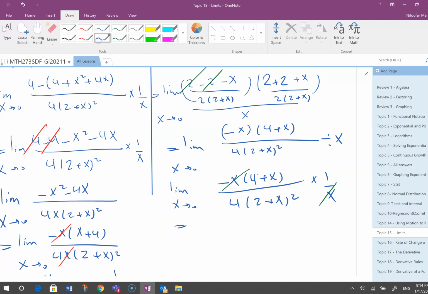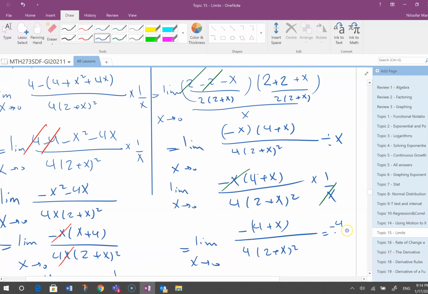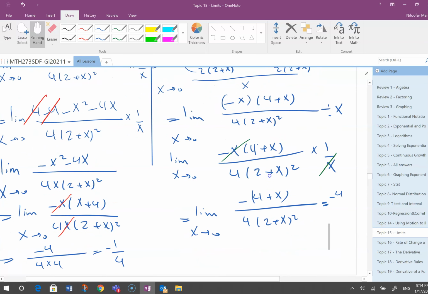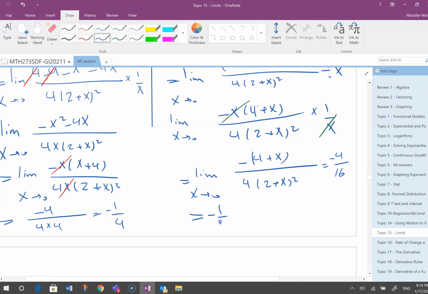So the limit as x goes to 0 of minus (4 plus x) over 4 times (2 plus x squared), which, when I substitute 0, is minus 4 over 16, and that's minus 1 over 4.